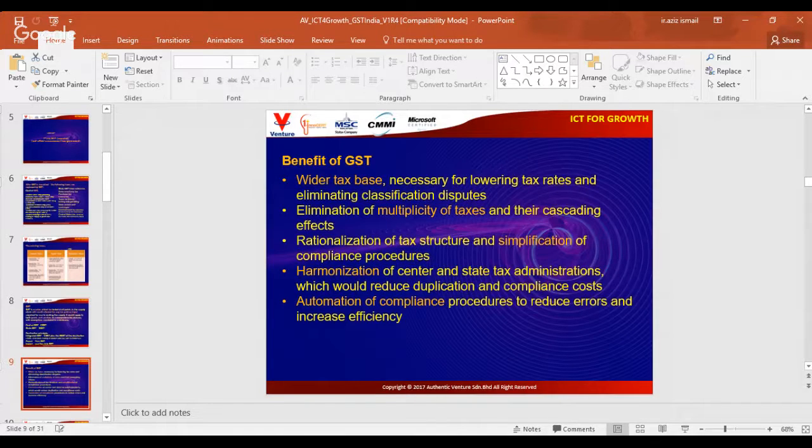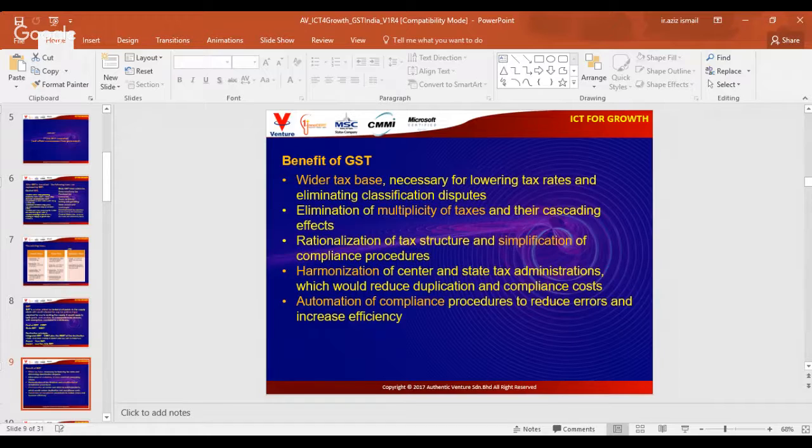It will also eliminate the multiplicity of taxes and their cascading effect, like what happens now. And then there is rationalization of the tax structure, simplification of compliance procedures, and harmonization of the center and state tax administration, which would reduce the complication, duplication, and compliance costs.